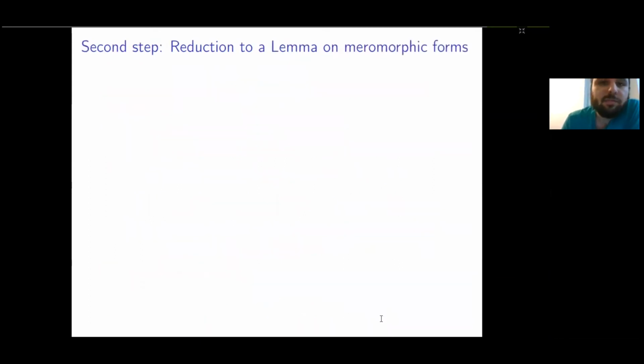So the second step is to reduce the proof of this quasi-isomorphism to a lemma just about meromorphic forms defined locally on germs of neighborhoods of points of X bar. So let's proceed to show the quasi-isomorphism.